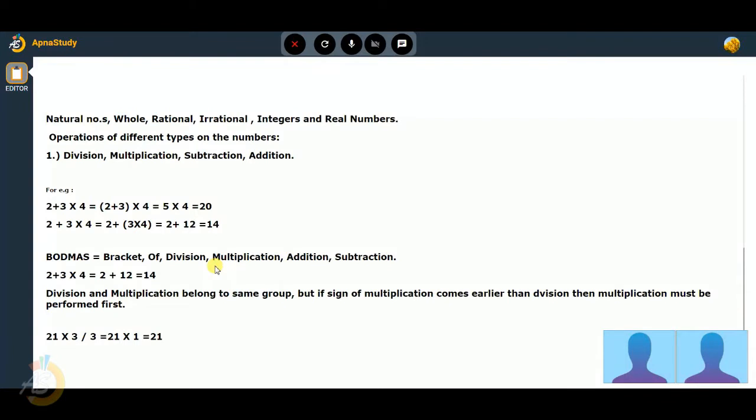But if the sign of multiplication comes earlier than division, and in the question the sign of multiplication comes first, then comes the sign of division, so the multiplication must be performed first. So 63 by 3, the answer will come the same, 21. But the method you have to adopt is that you multiply first, then you divide. I hope you got the point. Yeah, I got the point.